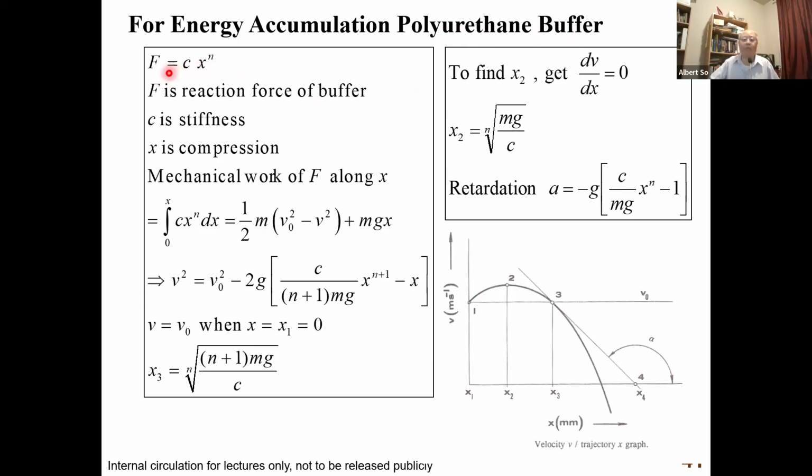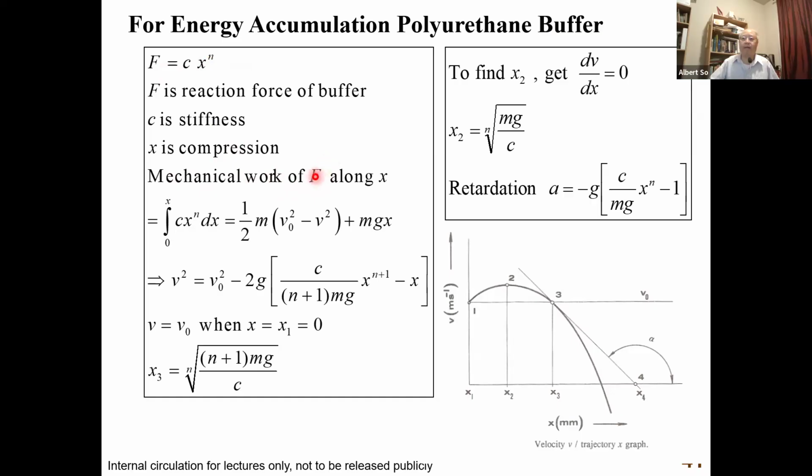Because remember Hooke's law, the force on the spring equals the constant times the compression. For a buffer, then you have the power n. n may be equal to 1 for real spring, right? So F is the reaction force, and C is the stiffness, the Hooke's constant for spring, and X is the compression.